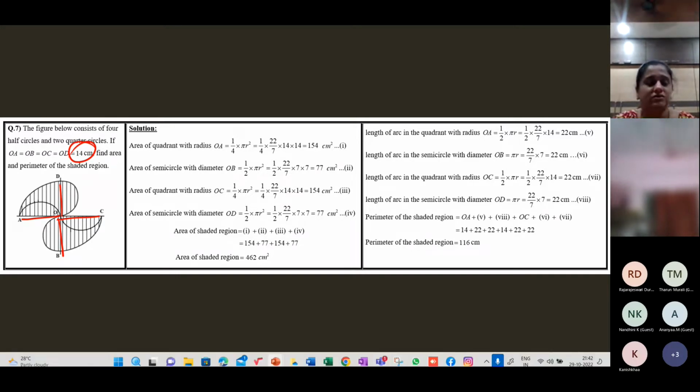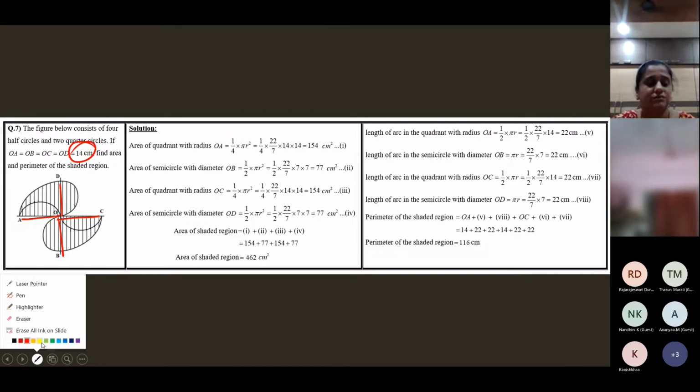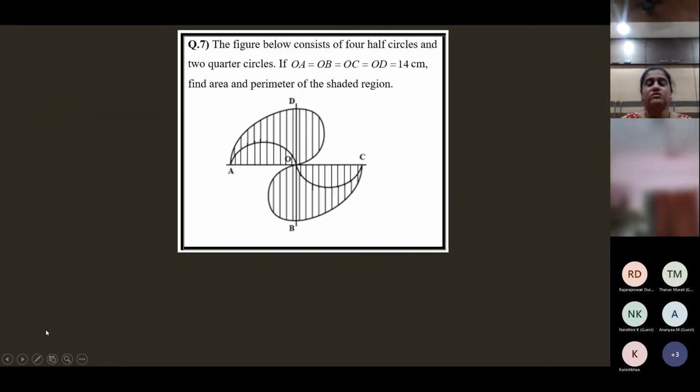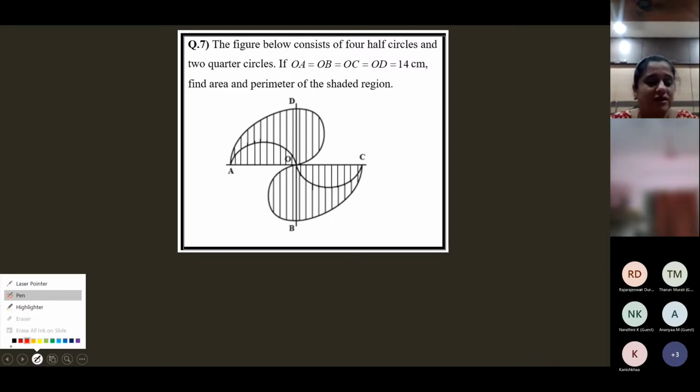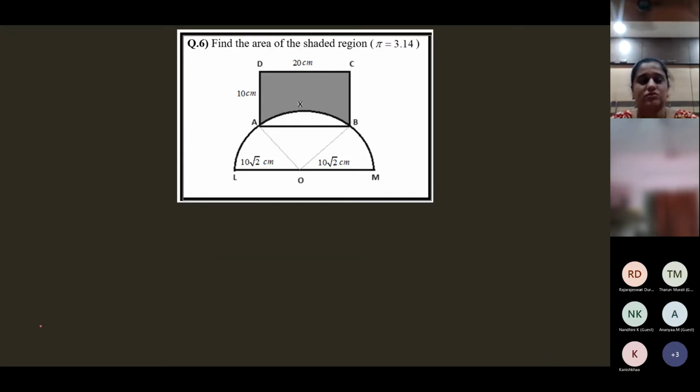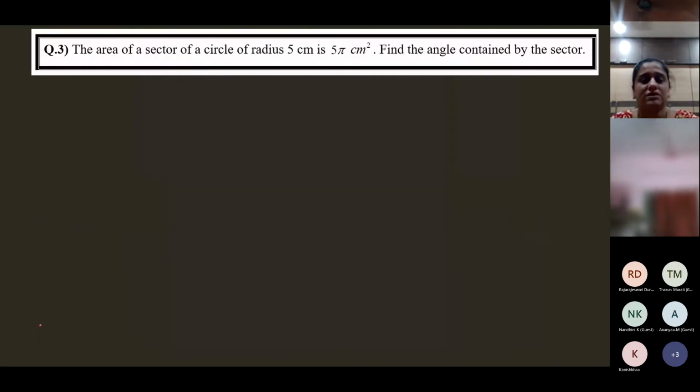Now, for perimeter, children, see here. Again, this one I have to clarify. I'll ask you a question. Please answer that. Tell me the perimeter of this figure, children.